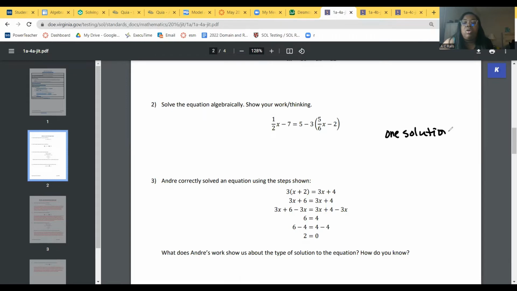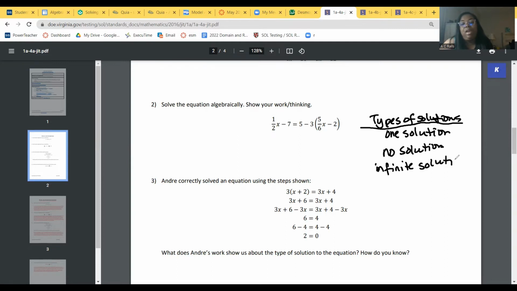Let me just write down types of solutions. You might have something where you have no solution. And then you have one more type where you will have what is called infinite solutions.